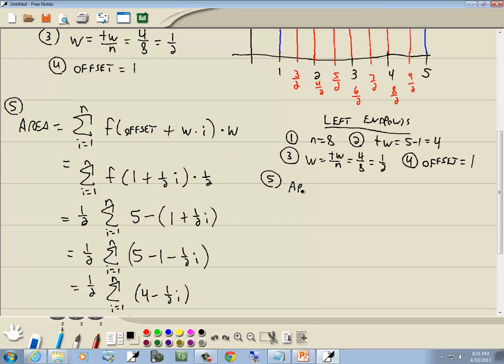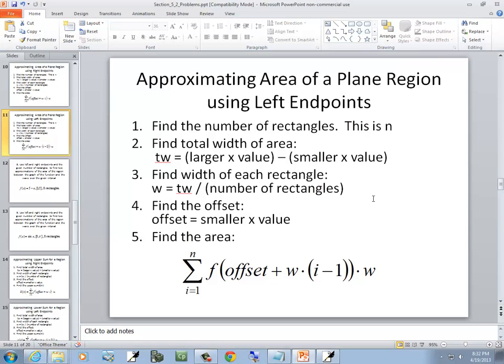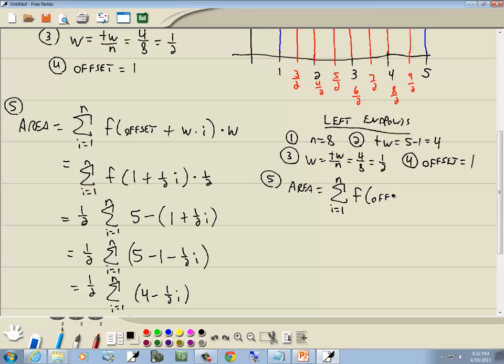Okay, so we're going to have our area equals the summation from I equals 1 to n of f of offset plus w times I minus 1, times w. Well, if we plug in what we're given, we have f of our offset, which was 1, plus w, which was 1/2, times I minus 1, times w, which is 1/2.